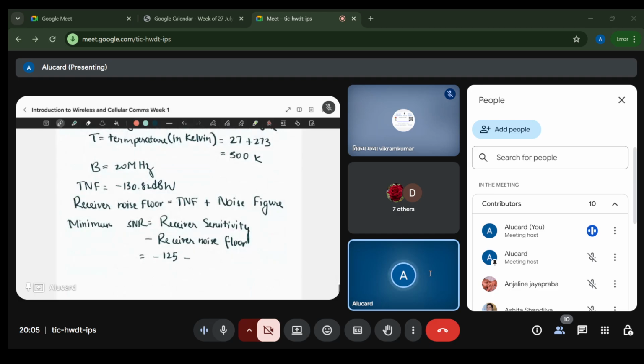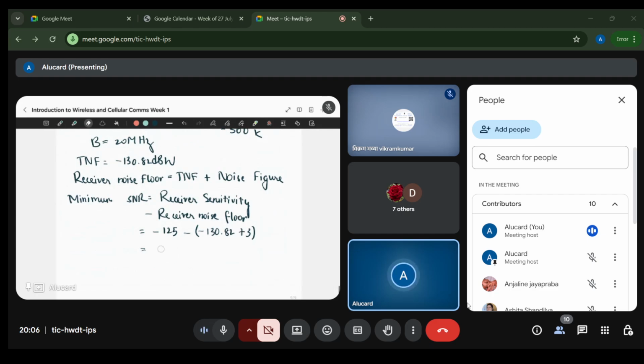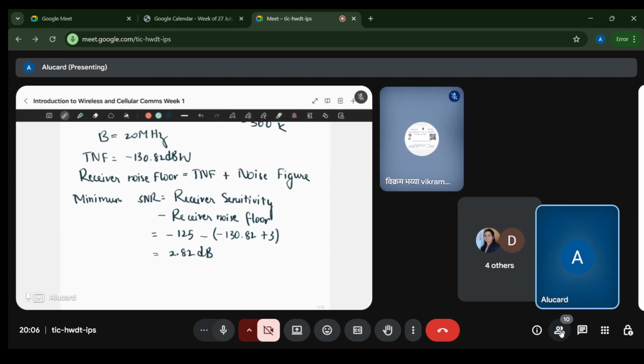Minus 125 minus (minus 130.82 plus 3) will be 2.82 dB.